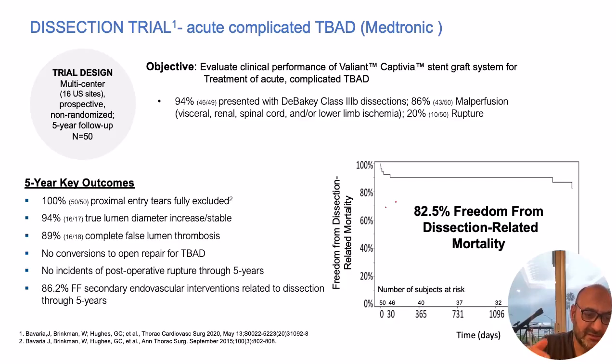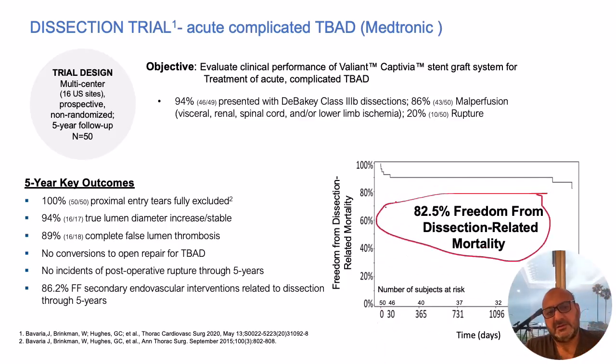The abdomen is the problem with dissection, because you can treat the chest, but the abdominal portion, a lot of times it's either partially thrombosed or you can have aneurysmal degeneration, and we'll talk about that. But the bottom line, in this trial there was 82.5% freedom from dissection-related mortality, and that's really rupture. Excuse me. It's not uncommon to see rupture in thoracic aortic dissection if you do a lot of dissection.